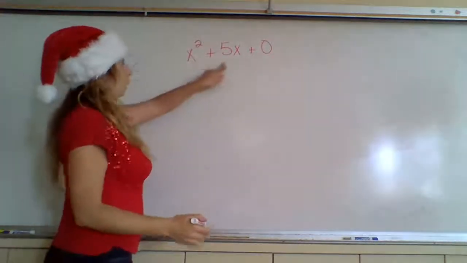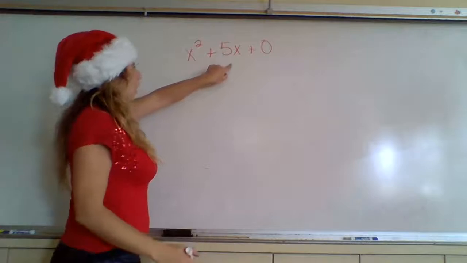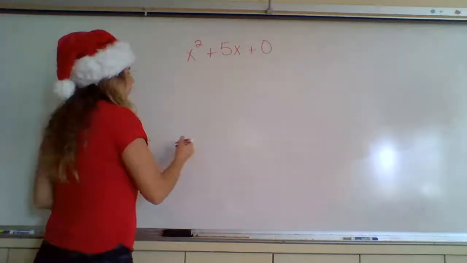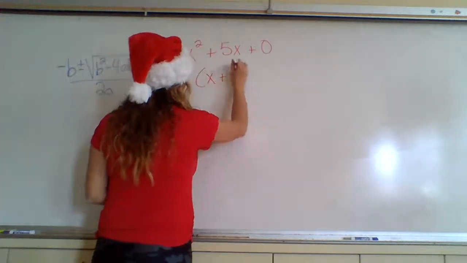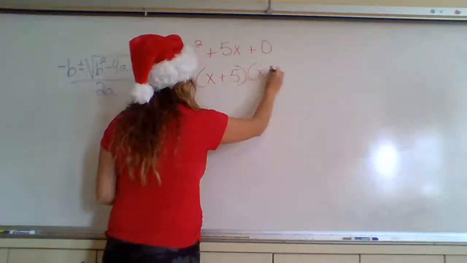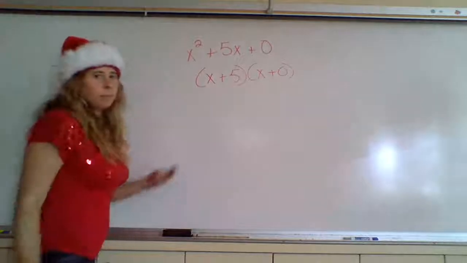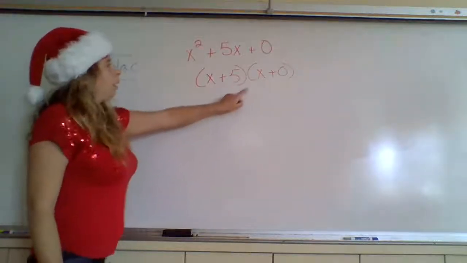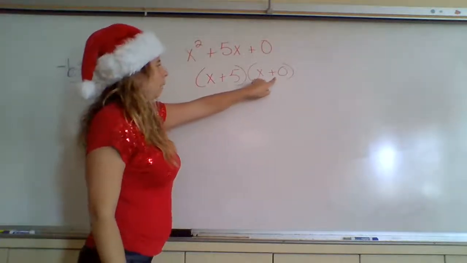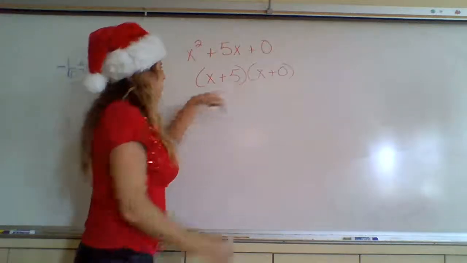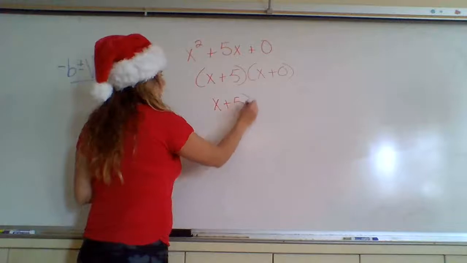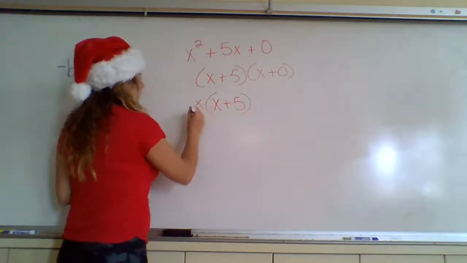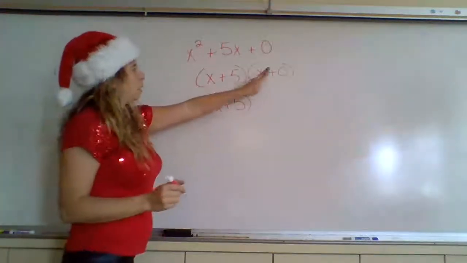So now you're just factoring it like a normal one. What adds up to 5 and multiplies together to get 0? Ta-da! The plus 0 doesn't do anything. So we just rewrite it as x plus 5 times x.